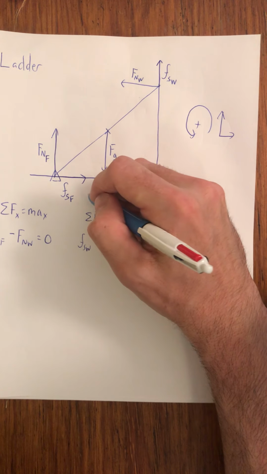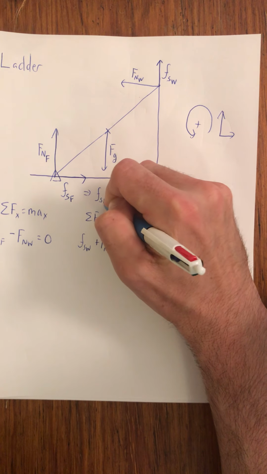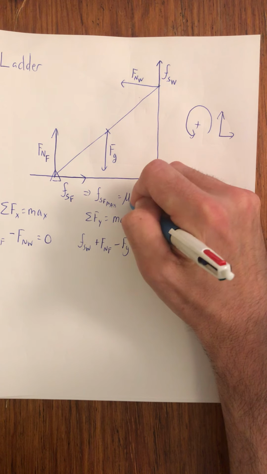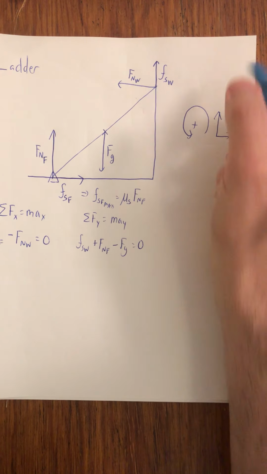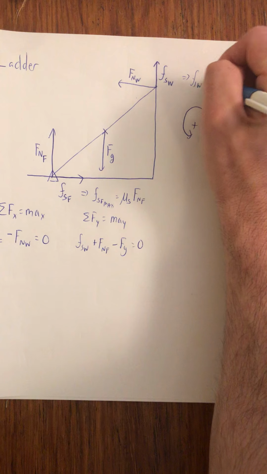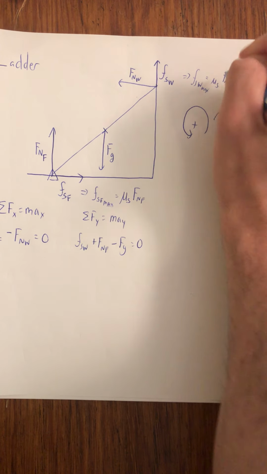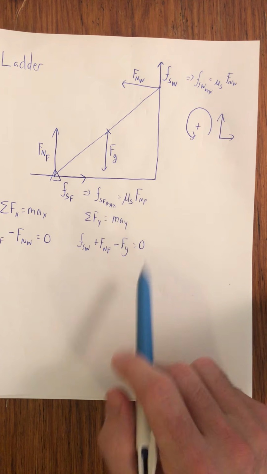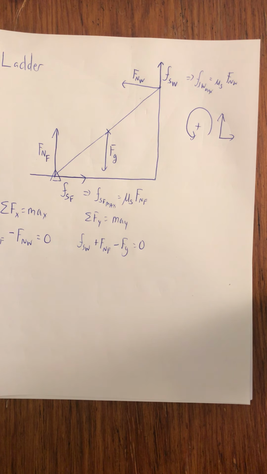But it's important for you to recognize that this maximum static friction, so if I talk about Fsf max, would be based on this normal force at that point of contact, in the same way that Fsw max is going to equal mu sub s times Fnw. And these two mu's might not even be the same if these surfaces are of different texture.